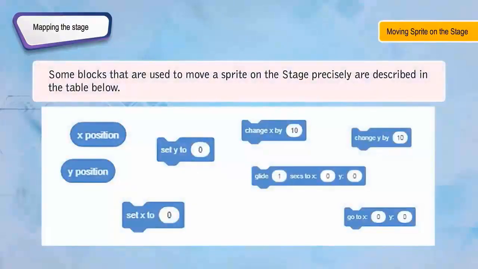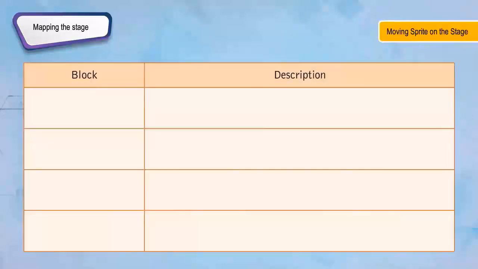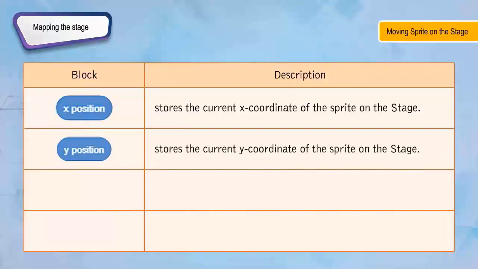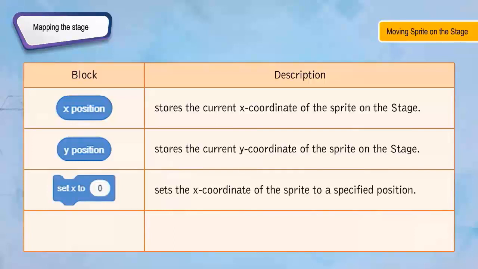Some blocks that are used to move a sprite on the stage precisely are described in the table below. Block description: stores the current x-coordinate of the sprite on the stage. Stores the current y-coordinate of the sprite on the stage. Sets the x-coordinate of the sprite to a specified position.